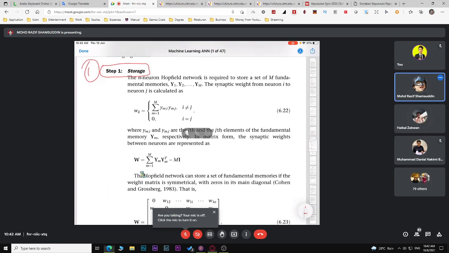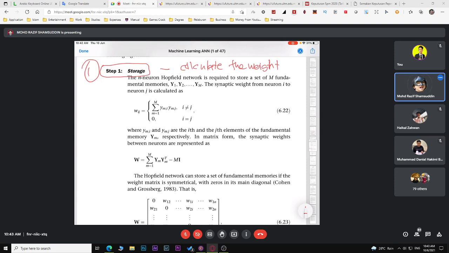Kira weight. Okay, we calculate the weight. In storage, calculate the weight. Alright.